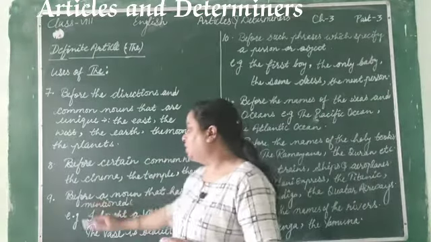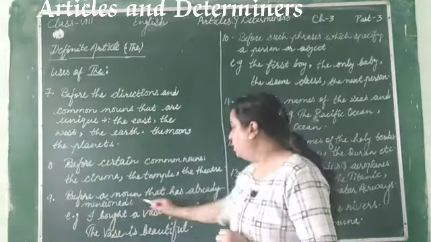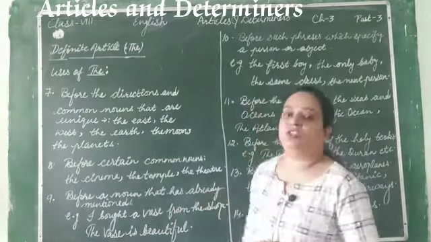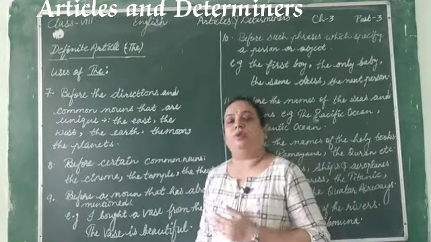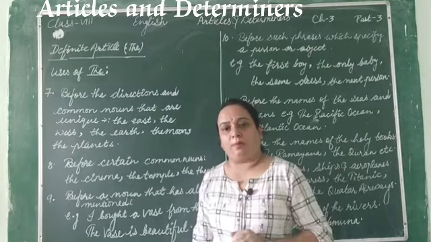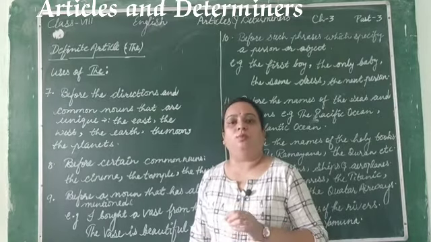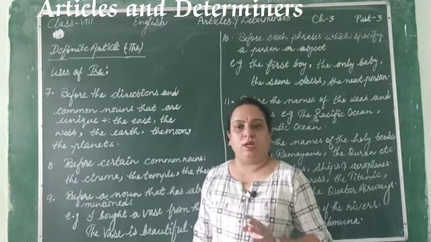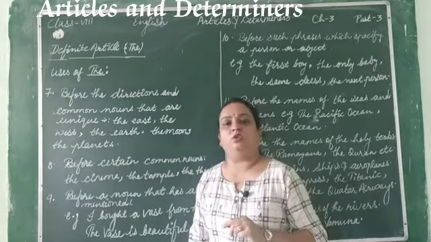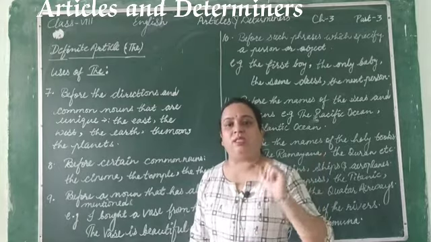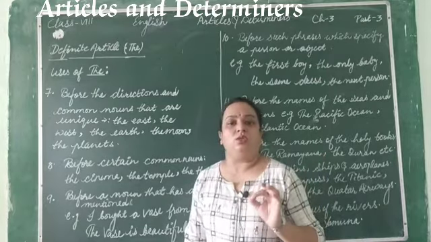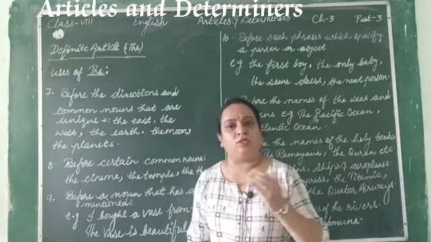Next, rule number 9 is before a noun that has already been mentioned. Okay, for example, I gave you one example earlier too: I bought a book, the book was interesting, right? In the first sentence I used a book, but in the second sentence I used the with that particular book because it has become particular.